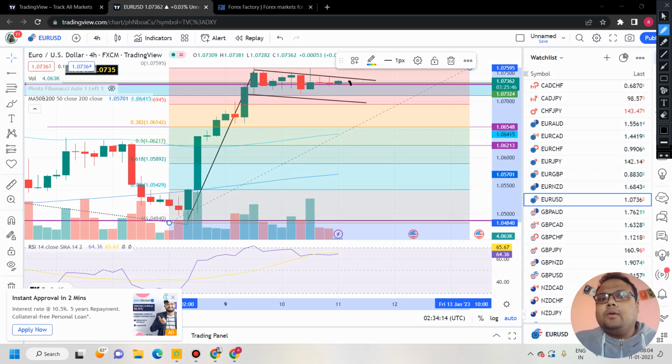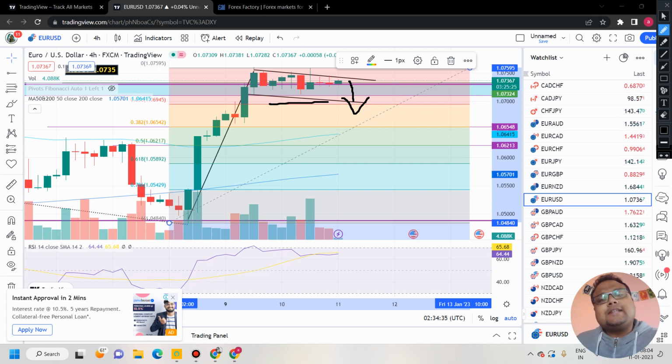If there is a big red candle, then obviously 23.6% will not have the strength to provide support, because in Fibonacci retracement levels, 23.6% is the weakest. As a result, I'm not considering 23.6%.